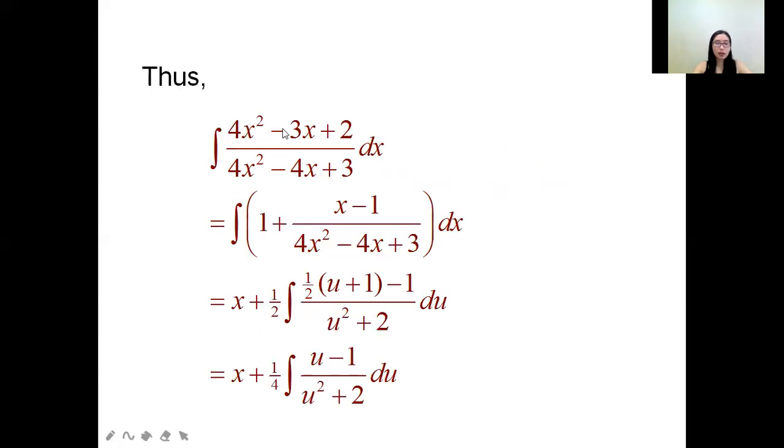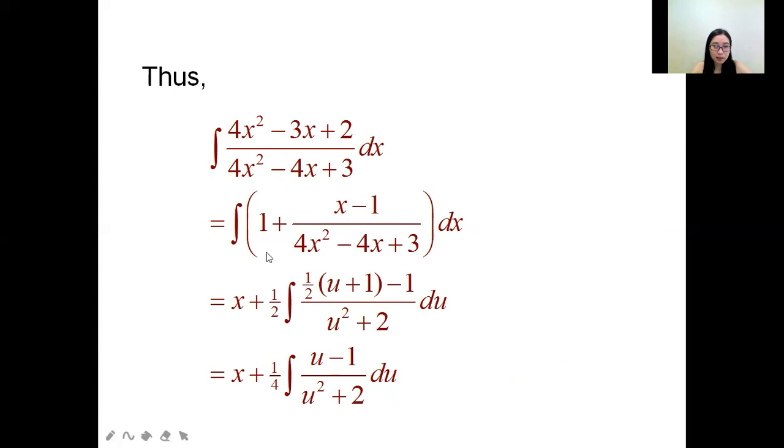Thus, the integral of (4x squared minus 3x plus 2) over (4x squared minus 4x plus 3) dx is equal to the integral of 1 plus (x minus 1), from the long division we performed, over (4x squared minus 4x plus 3) dx.